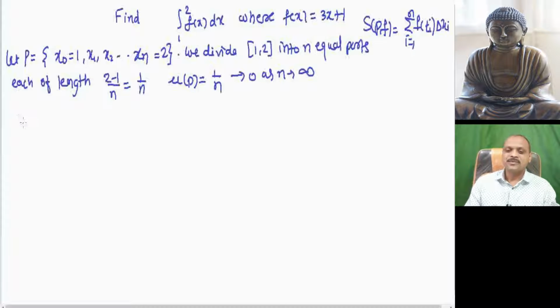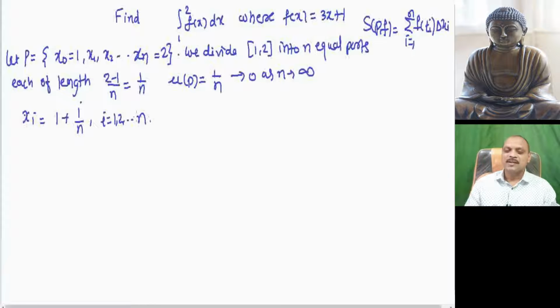Then here you can see that this point xi, we choose xi is equal to 1 plus i divided by n, for i is equal to 1 to n.